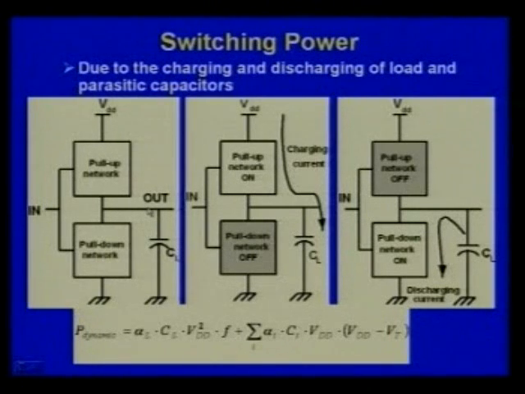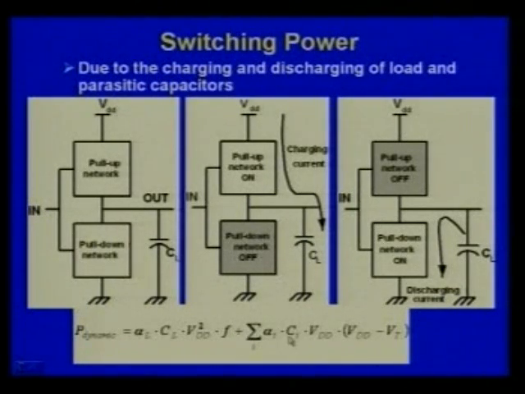The number of changes will be less than F. F is the number of transitions per unit time, that is in 1 second. So many transitions will not take place, it will be less than that. So alpha L will be less than 1, maybe 0.3 or 0.2 depending on the circuit. So this is the power dissipation in the load capacitance.